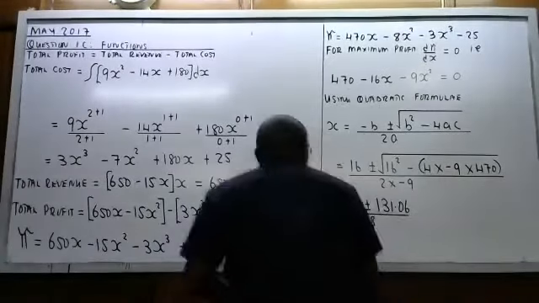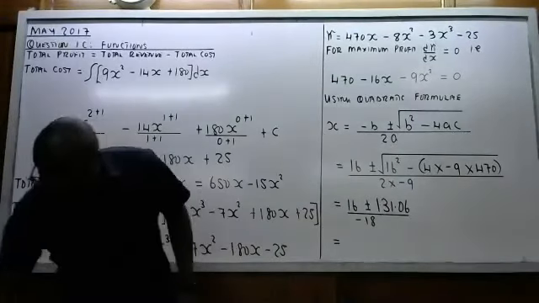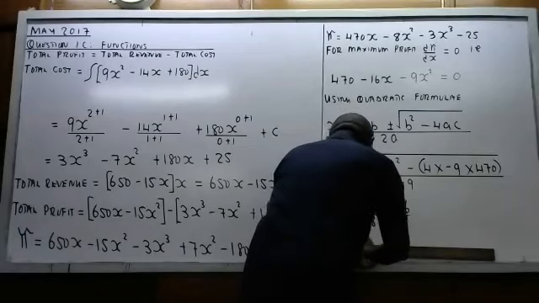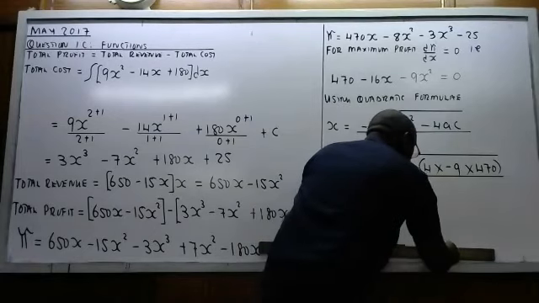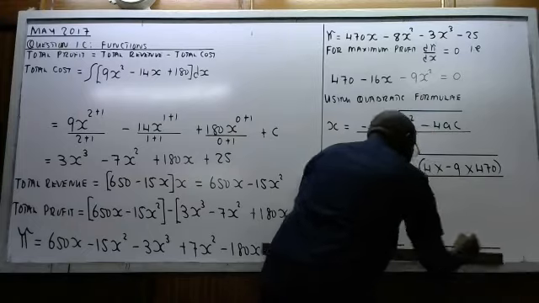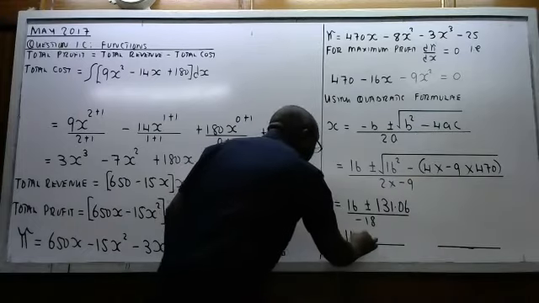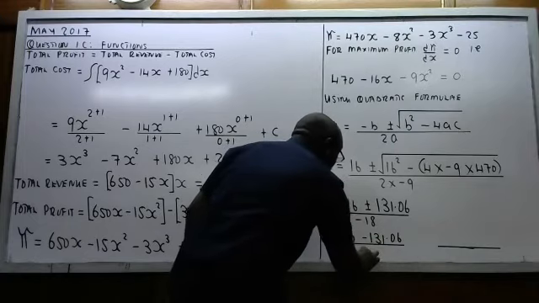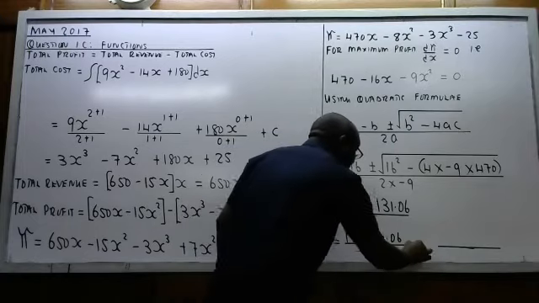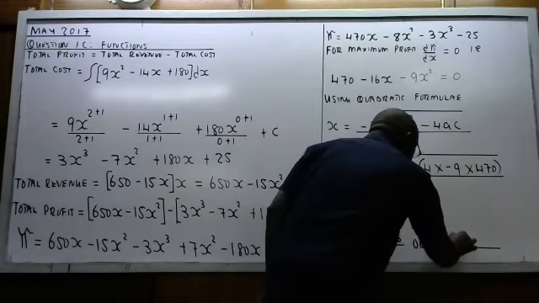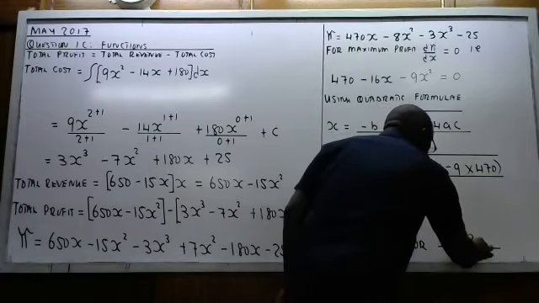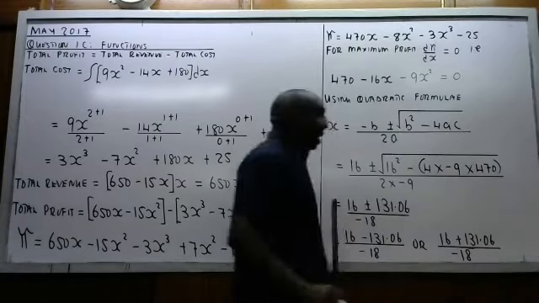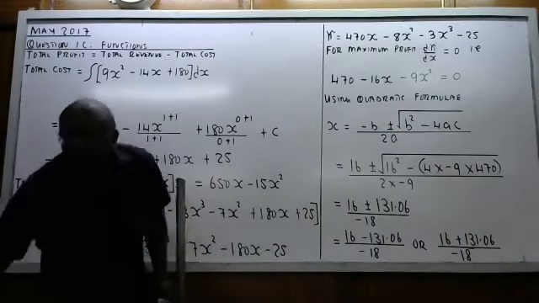Alice confirms. So then it will be like this: 16 minus 1.06, you divide by minus 18, or 16 plus 1.06, you divide by minus 18.